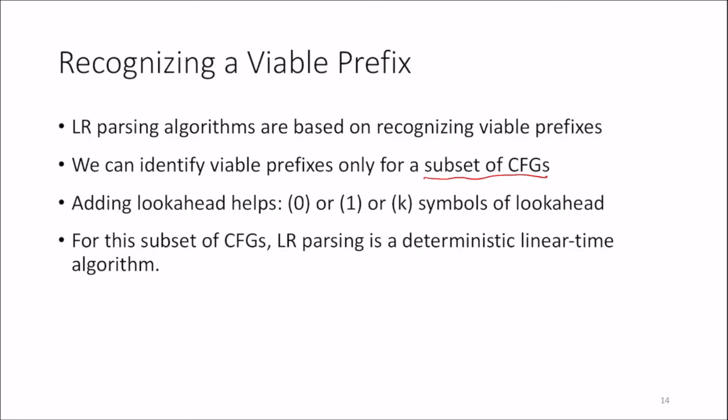Of course you can come up with something explicitly that would make it difficult to parse, but that's kind of self-defeating because you're creating a programming language that would be deliberately hard to parse, which doesn't make sense. So for this subset of context-free grammars, LR parsing is a deterministic and linear time parsing algorithm. It's deterministic, so there's no ambiguity for these context-free grammars, and it's fast. It's linear time. So as soon as it sees every token of the input, it's done creating the parse tree or the derivation for that input.